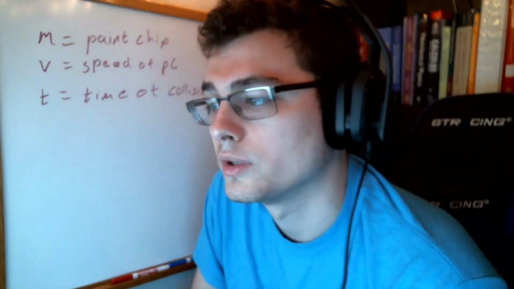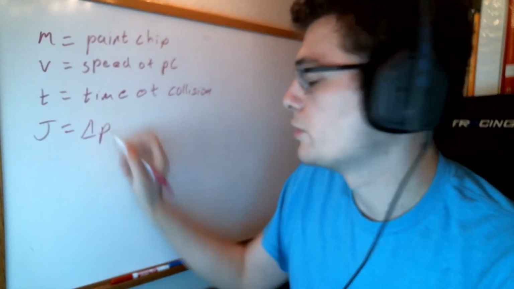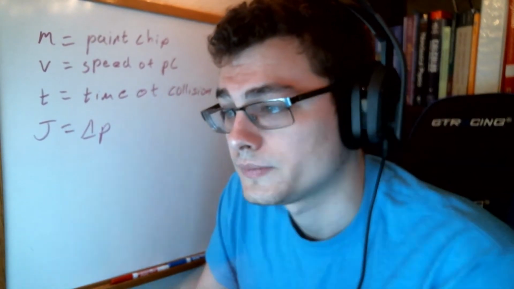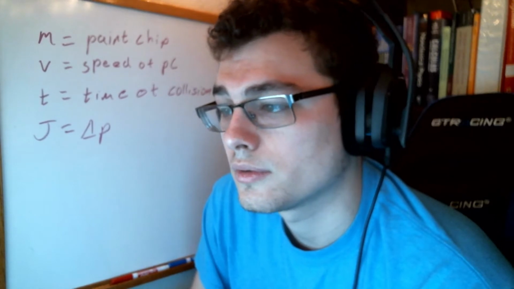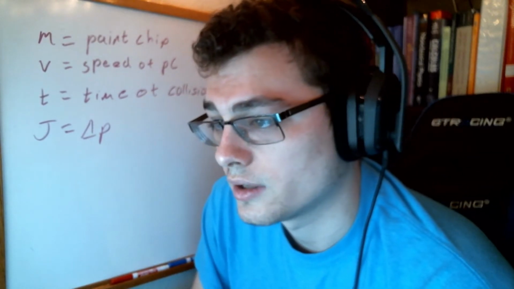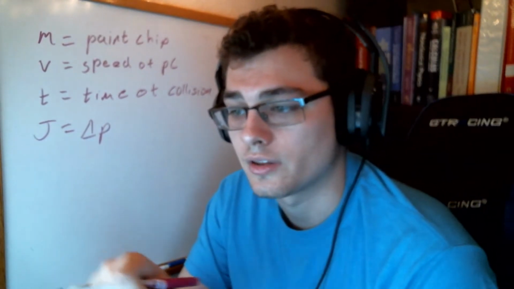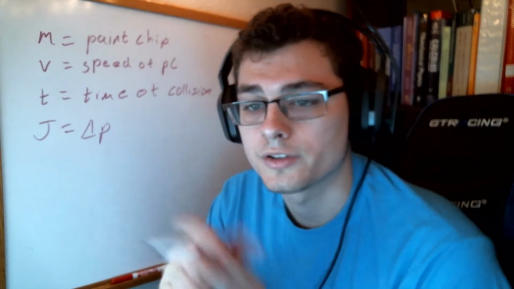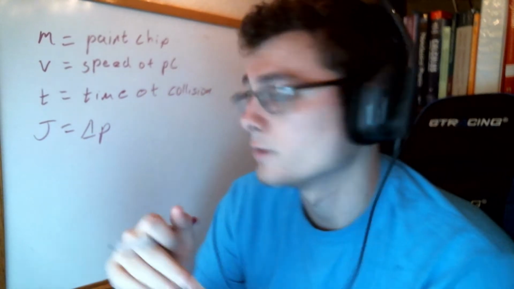Okay, so we know that J is equal to the change in momentum, and since it's relative speed, it's basically saying that compared to its original speed, its next speed is going to be 0.